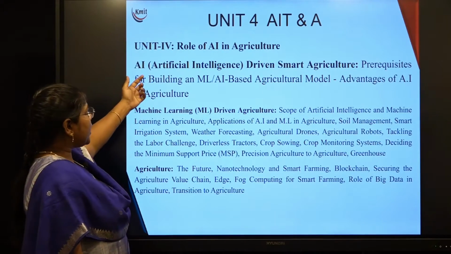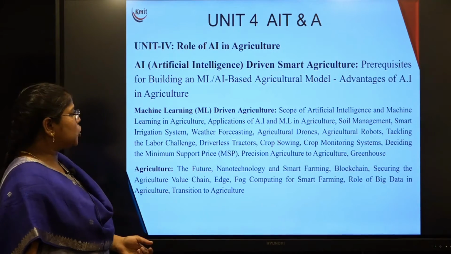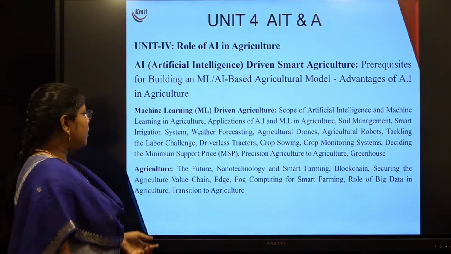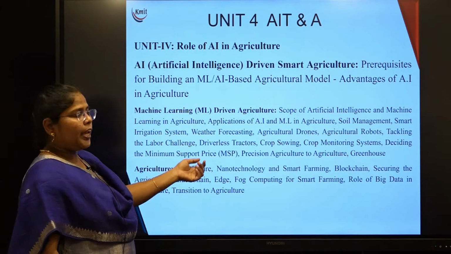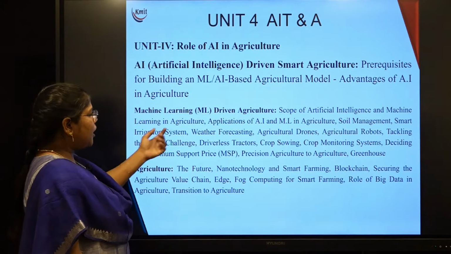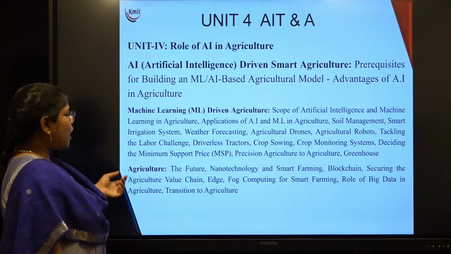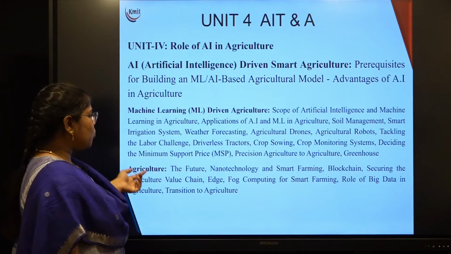So, we have AI for smart agriculture, and the prerequisites and advantages of AI and ML models required to design AI for agriculture, and different applications that we are going to see in this chapter, and the future trends in agriculture with respect to AI.